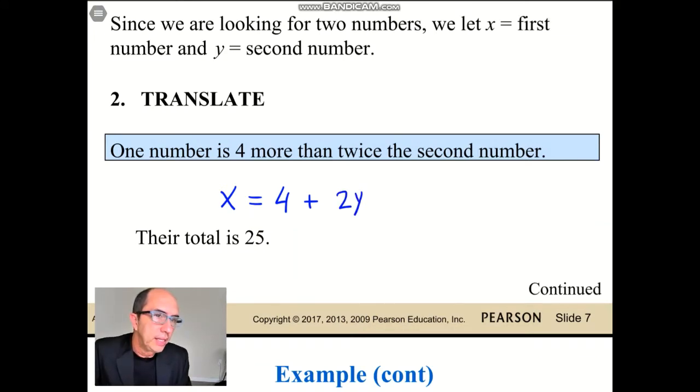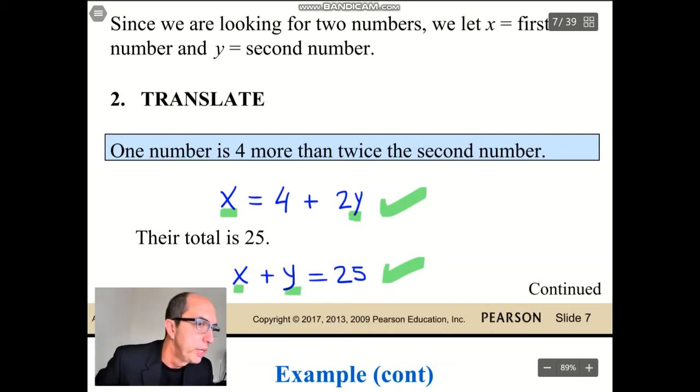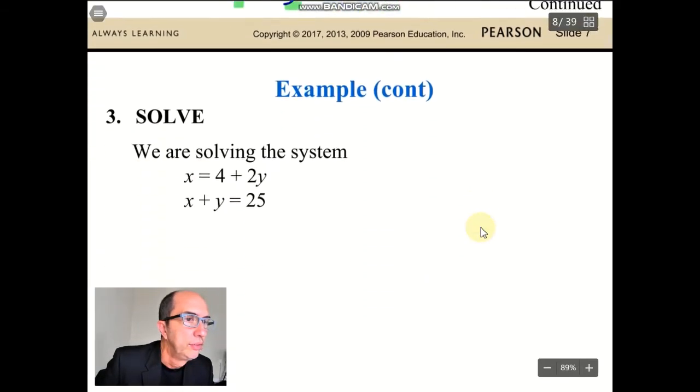And the next statement is their total is 25. That means x plus y equals 25. Okay? Then we have now 2 equations and 2 variables. We have a system of equations with 2 variables.